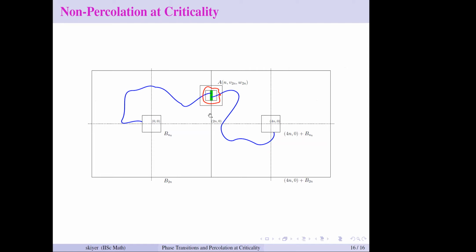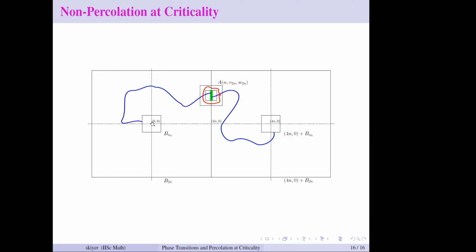The last thing is how you then show that the percolation function is continuous. What you do is you do a renormalization. You map your percolation model to a discrete bond percolation model. So you look at the lattice 4n times Z^2, right?